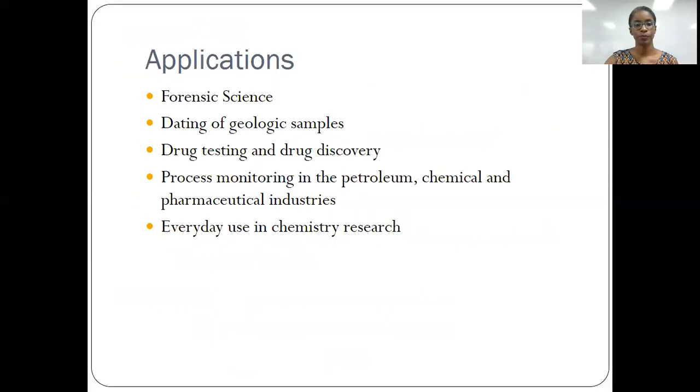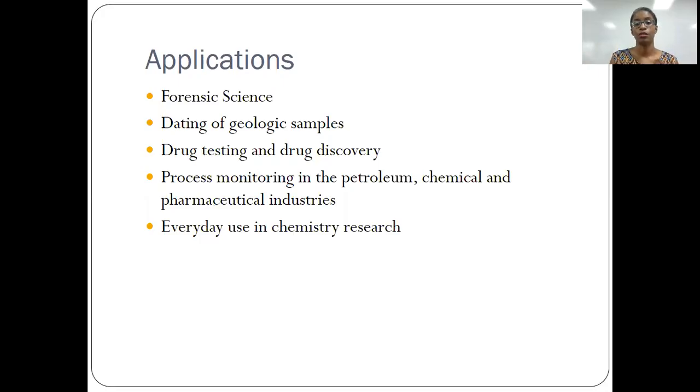So as I mentioned before, the applications are forensic science. This tends to be one of the more commonly known ones, but it is also used in testing geologic samples, i.e., a particular sample of soil or some unknown, some new compound, some new element, because then we look at the atomic analysis, and that will tell you whether your sample has carbon, whether your sample has aluminum, because each of those atomic spectra that come out of atomic spectrometry will have a unique pattern.